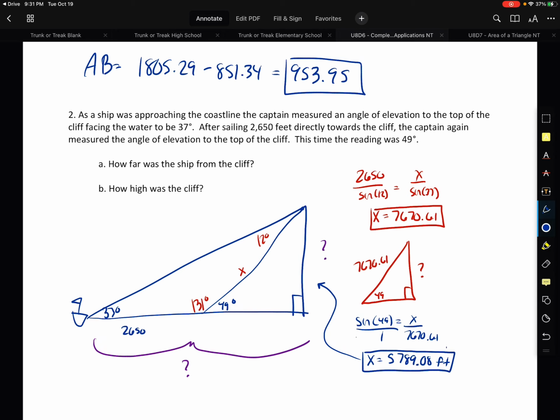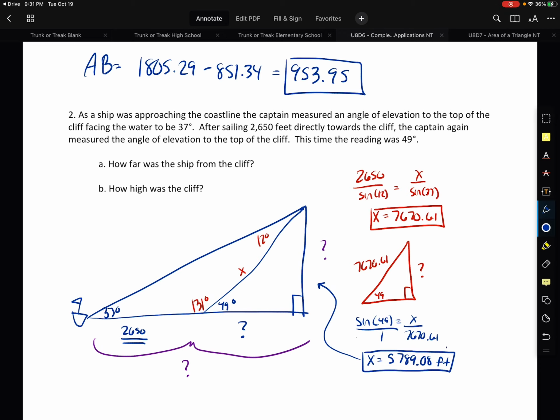Now, the other thing we could do here is, we know that this is 2650. If we could figure out this part, we could add it to 2,650 and get the total distance.